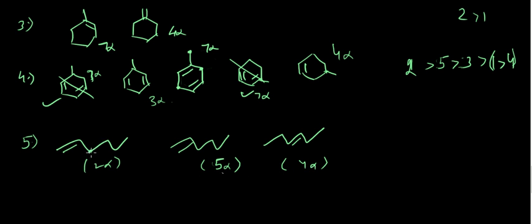So this has 2 alpha hydrogens, this has 5 alpha hydrogens, 3 here, 2 here. This has 4 alpha hydrogens, 2 here, 2 here. So the amount of heat released would be in the order 1, 3 and 2.